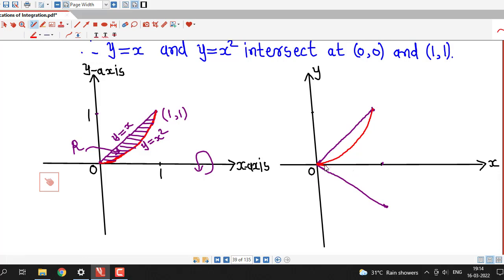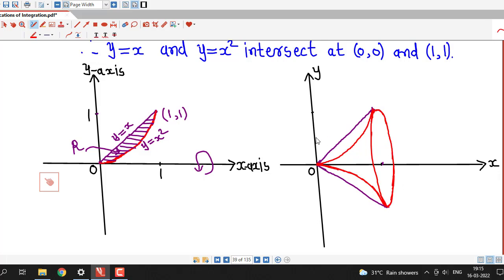Let me sketch properly. This is the mirror image of y equal to x square, and now we have the solid generated by revolving this plane region about the x-axis. The solid may look like this.